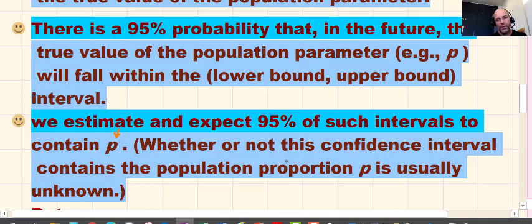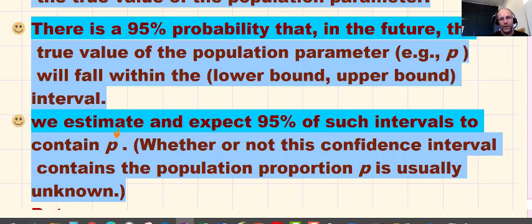We expect 95 of these intervals to contain the population parameter P, the population proportion in this case. It also works in different ways with other population parameters, but we're sticking with proportions because that's our focus at this point.